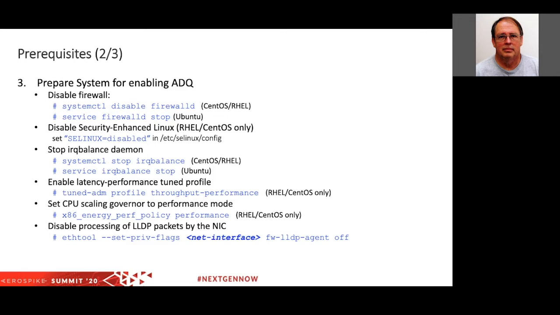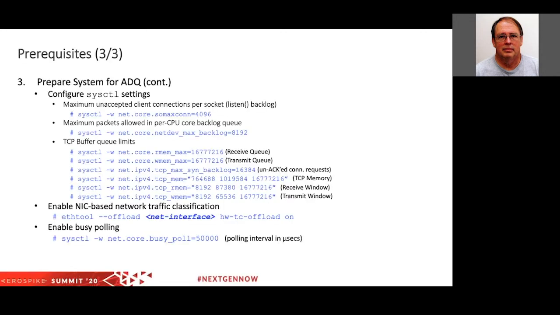So you're running the system a little hotter in terms of power, but if you're running a 100 gig card and an Aerospike workload with millions of transactions a second, that system's going to be pretty busy anyway. And then the last thing, LLDP. I'm not going to talk about it. It implements an IEEE standard, but it can interfere with ADQ, and it's not needed by ADQ. So make sure that's off.